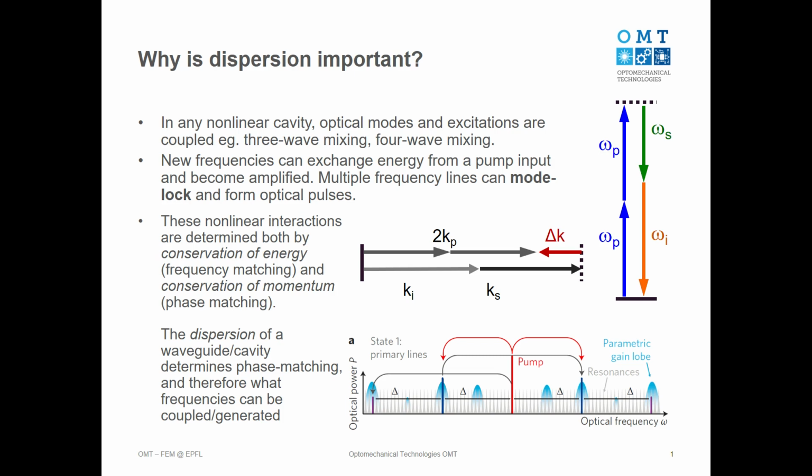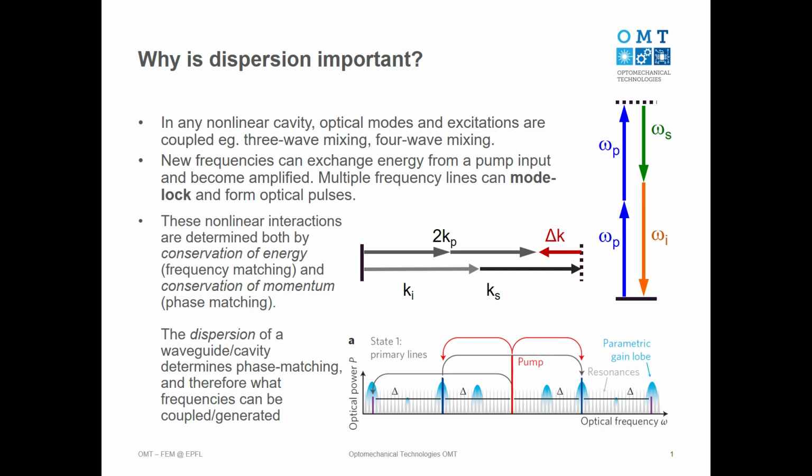So two pump photons convert to two signal and idler photons that match in frequency like so. And they also have to match in the momentum domain. They have to have conservation of momentum, which means their propagation constants must also match in the propagation direction.